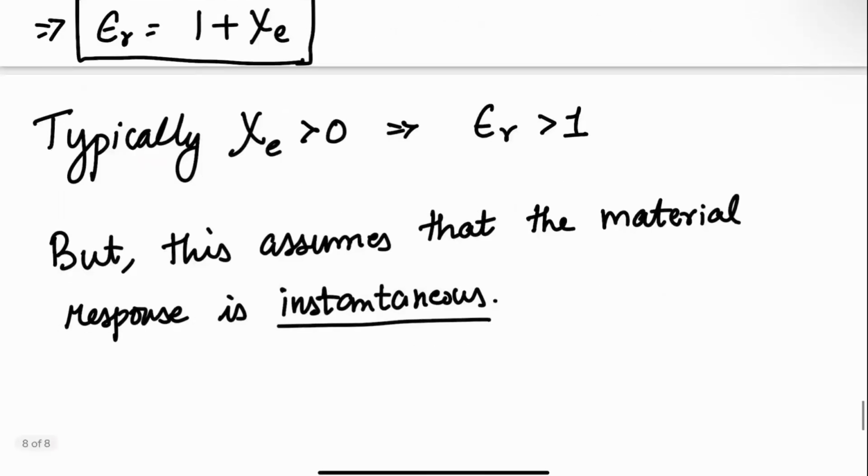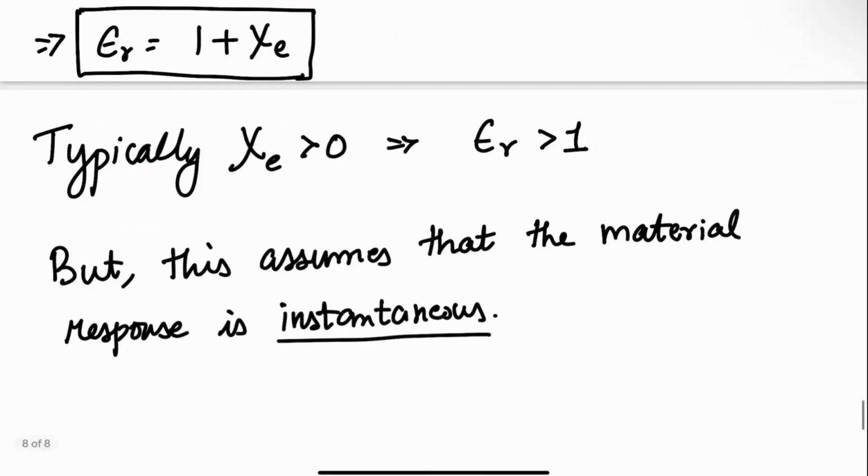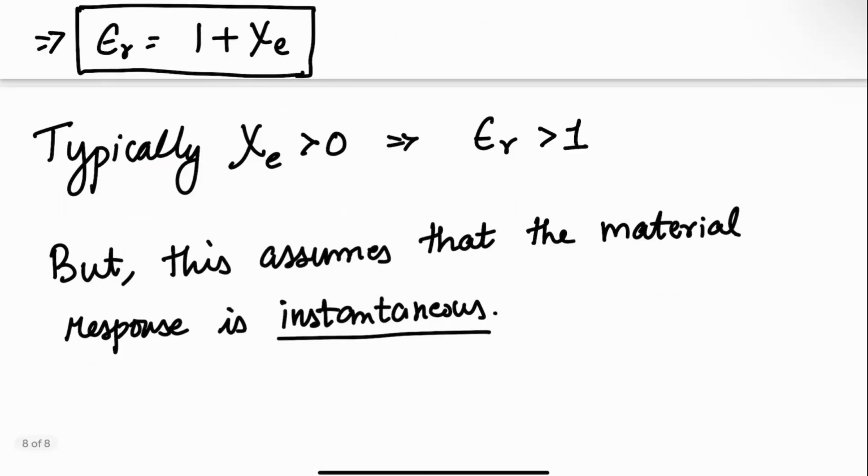That means that as soon as I apply the electric field, instantaneously the electron and proton have gotten separated, right? But in reality, we know that's not true because the electron and the positive charge of the proton, if you like, have some kind of inertia, right? So when I apply the electric field, the electron and proton take some time to separate out, right? So it takes some time for that polarization vector to develop.